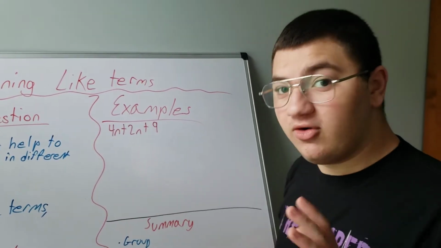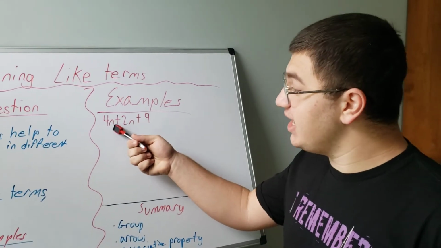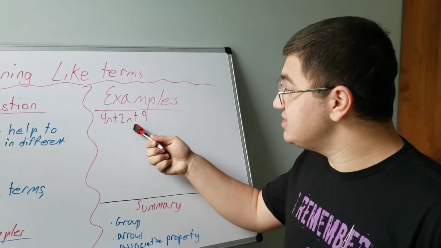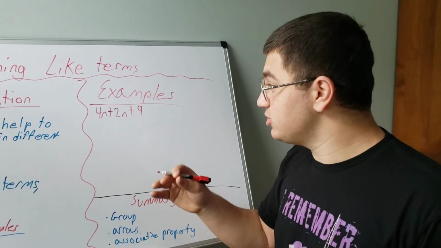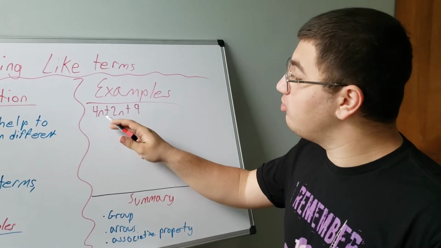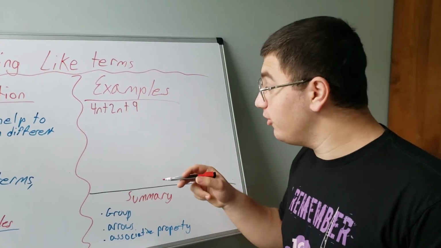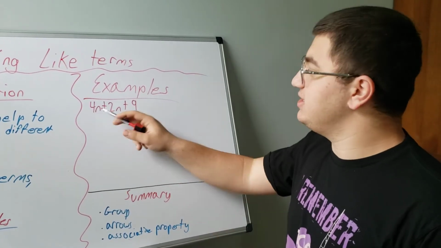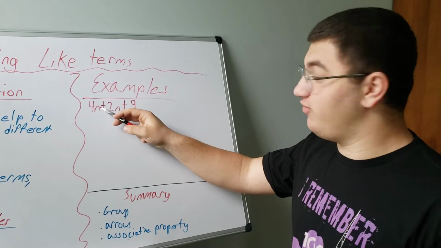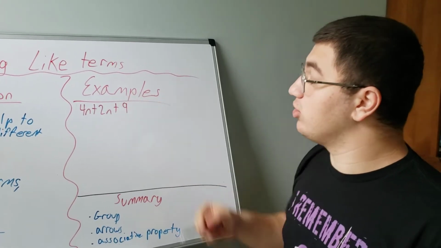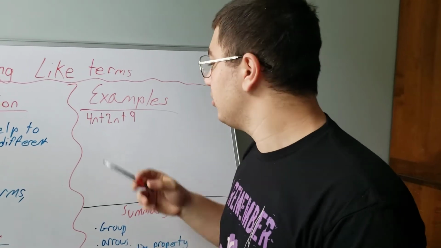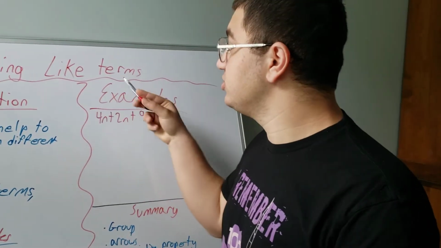Now notice, if this n was a different letter or a different symbol, let's say this is an n but this has a square, or this is an n but it's to the power of 3, they would no longer be like terms.